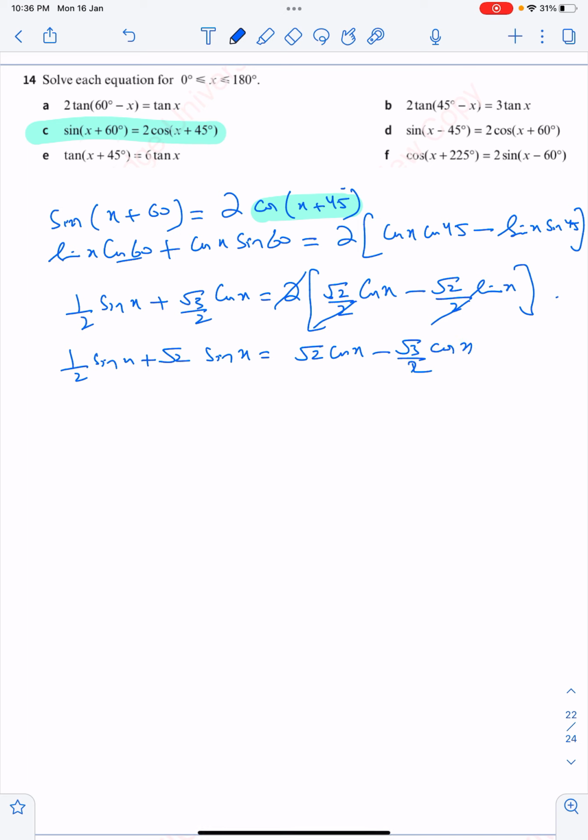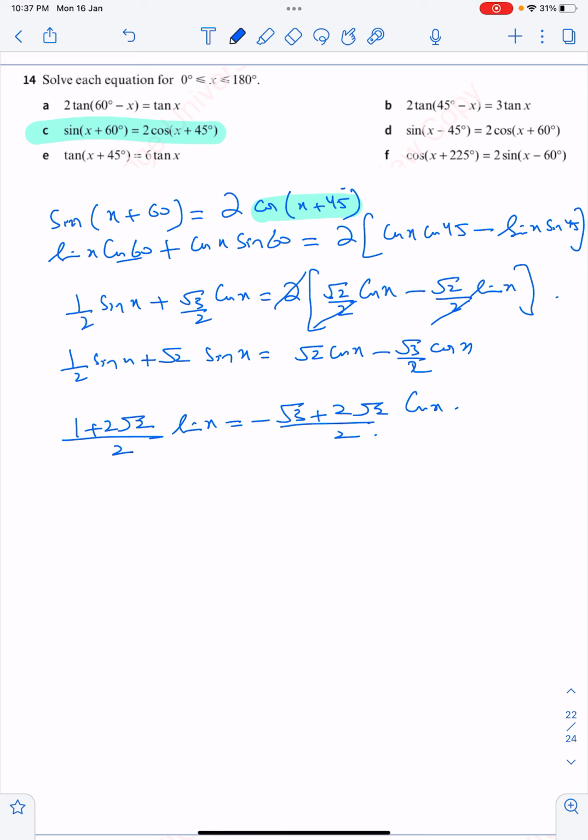Okay, half plus root 2 is going to be 1 plus 2 root 2 upon 2 sine of x equals root 2 minus root 3 upon 2, which is minus root 3 plus 2 root 2 upon 2 cos of x.